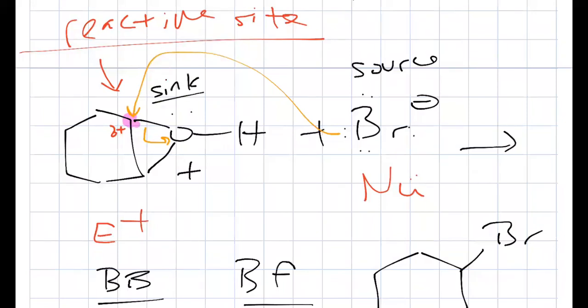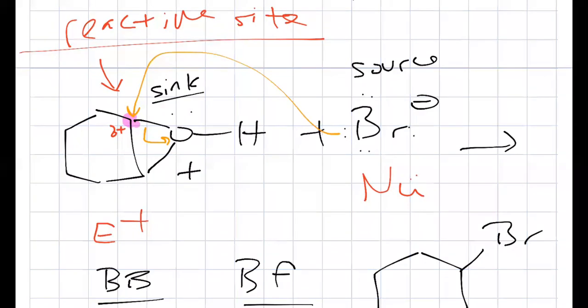My sink. I promise you, it's a common mistake to put the arrow going from carbon to bromine, but nothing could be further from the truth. If something already is negative, it doesn't want more electrons. It's trying to get rid of electrons, right? So it's pushing electrons away from itself. It's donating them to some other atom, right?